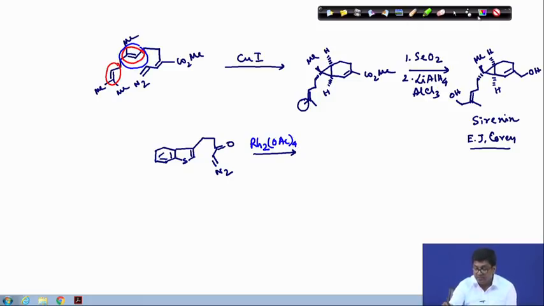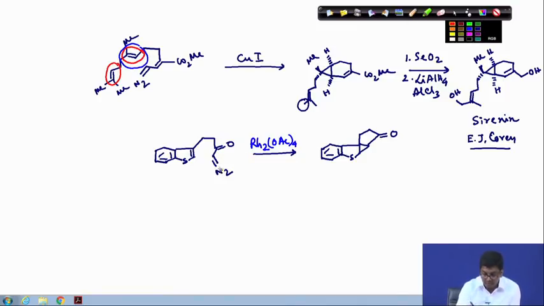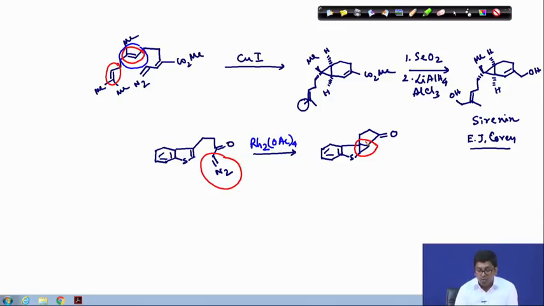Okay, that will give this product. So, basically after forming the carbene here, that will make the cyclopropane here. Okay. So, overall these intramolecular reactions will generate a cyclopropane ring.